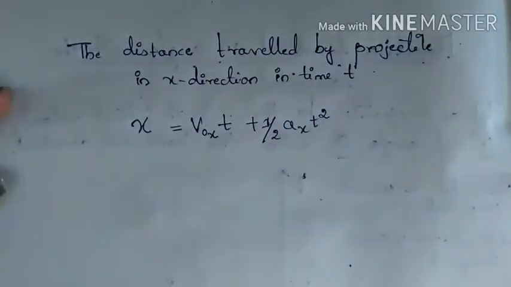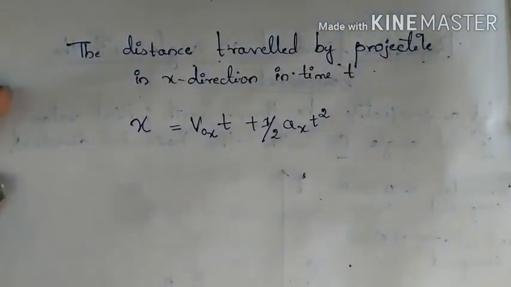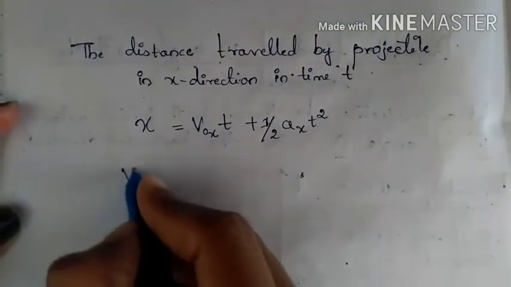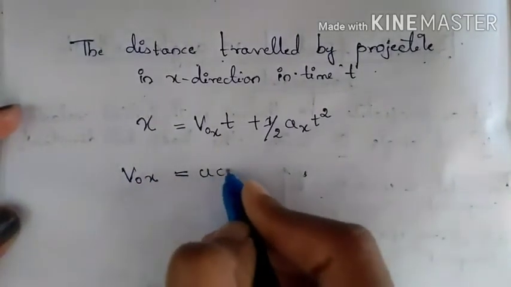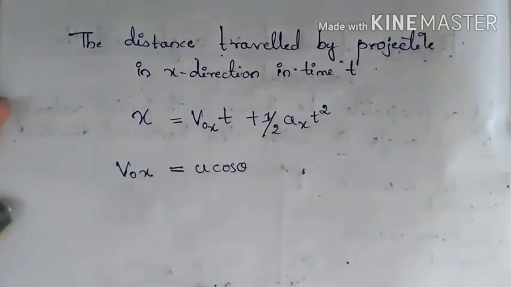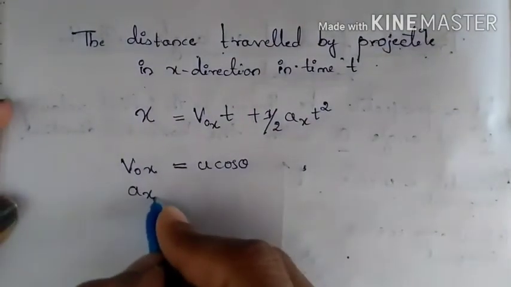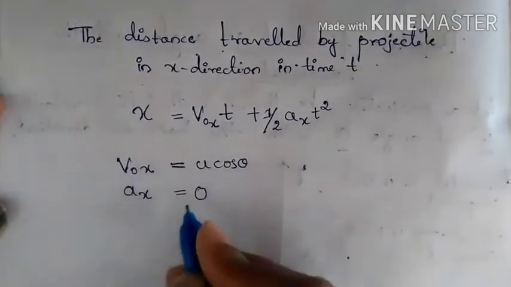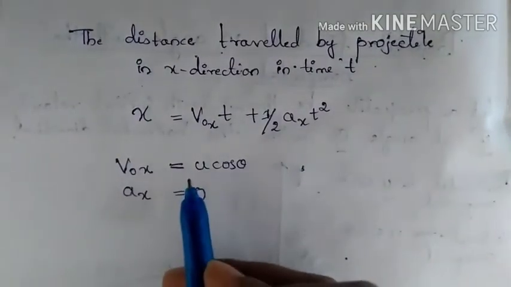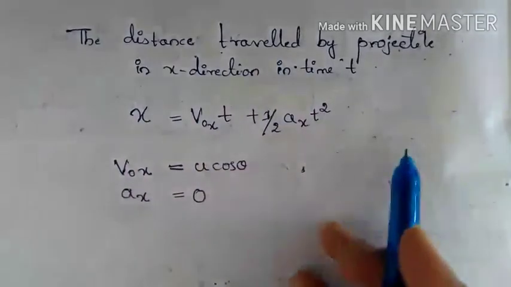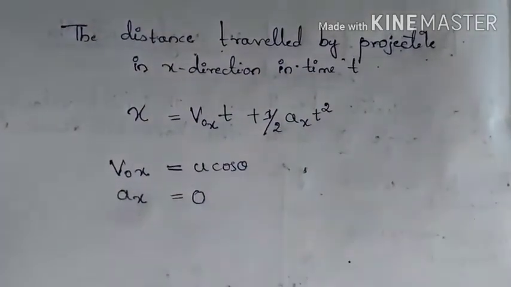So a here is the acceleration of the projectile. Now v naught x is equal to u cos theta, and ax will be equal to 0. Why will ax be 0? Because there is no acceleration of the projectile in x direction.